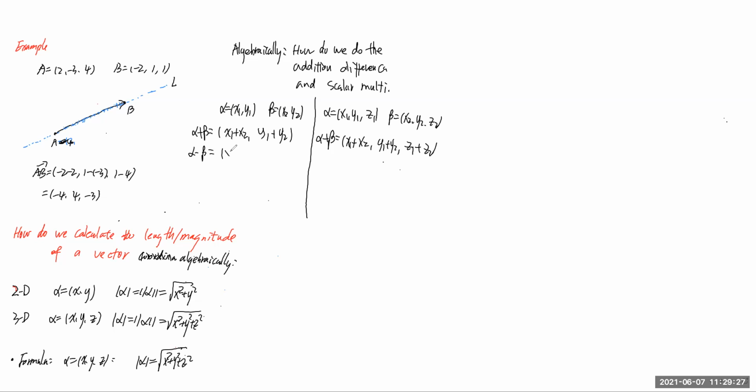Alpha minus beta is (x1 minus x2, y1 minus y2, z1 minus z2). And now lambda alpha is (lambda x1, lambda y1, lambda z1). It's quite simple, right?